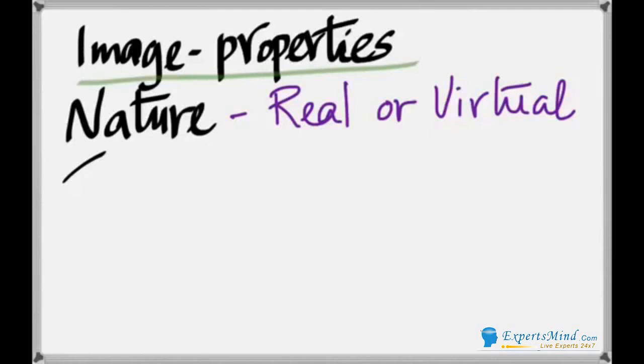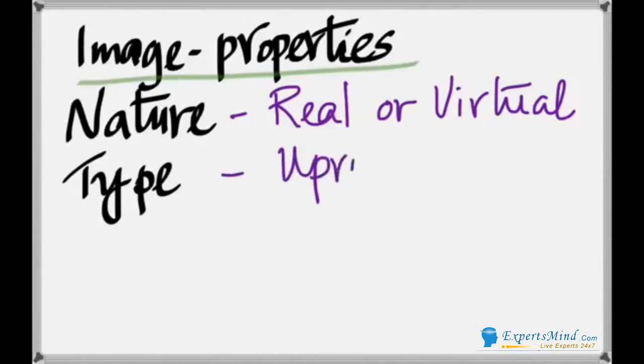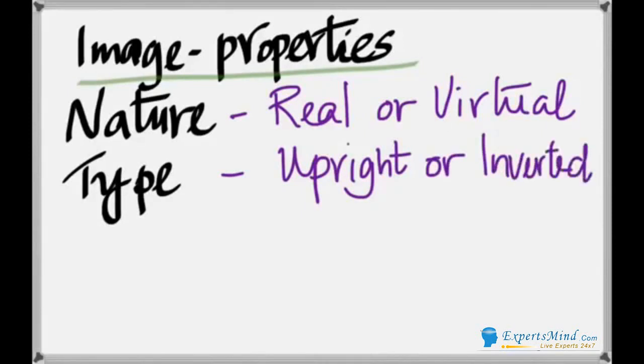We'll get to that. The second thing is the type of image. Some images are upright, the others are inverted. If you're trying to shave your face, of course, an inverted image is of no use. You'll cut off your nose or something. So it depends on what you're using it for.